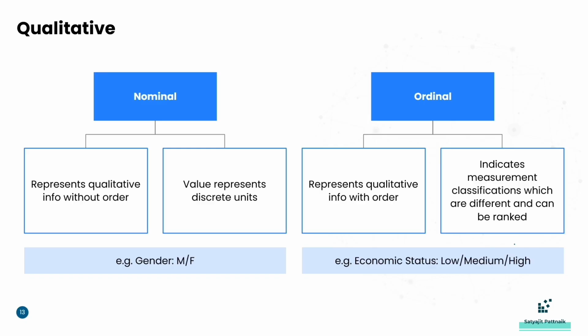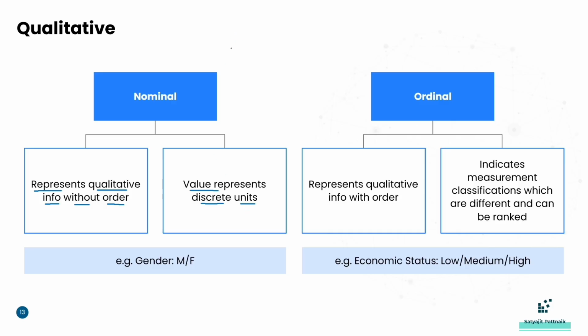Talking about qualitative data, there are two major types, nominal and ordinal. But what exactly is nominal? Nominal basically represents qualitative information without order. That means a type of categorical column in the dataset which does not have any order. A value represents discrete units.